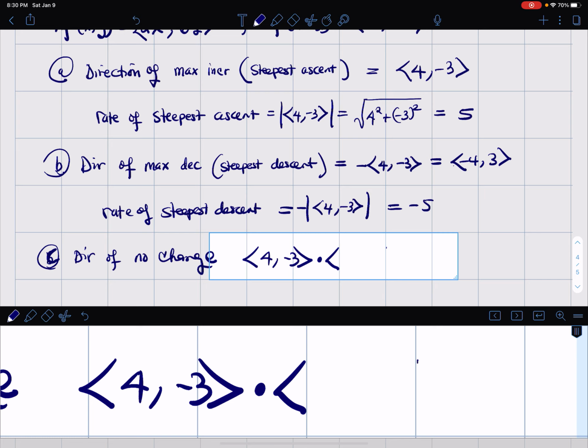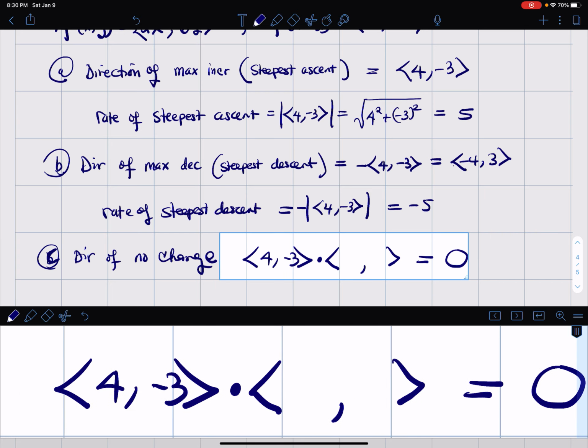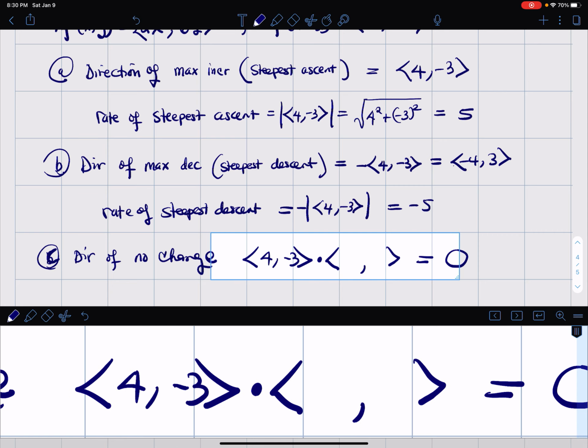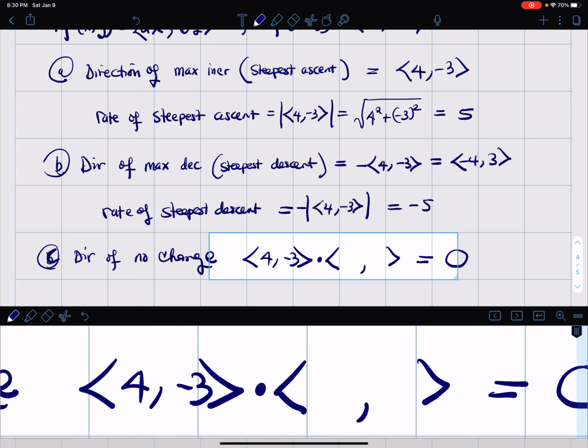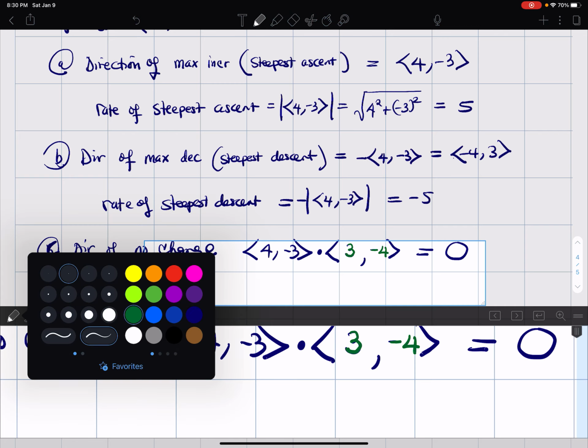So what two vectors do we dot to get 0? Think about it. The easiest vector would be a vector that has maybe 3 here and 4. How about 3 and 4?